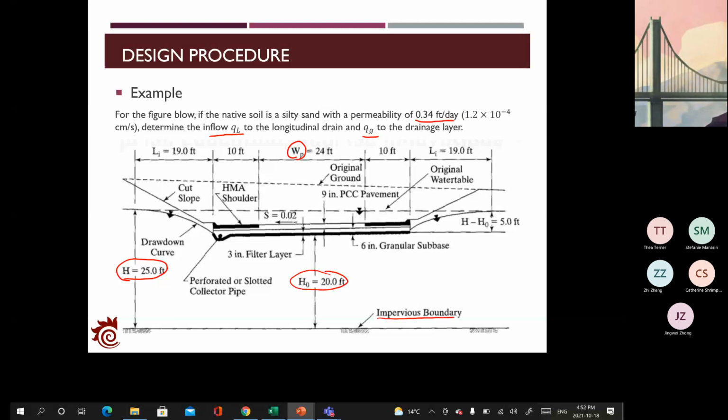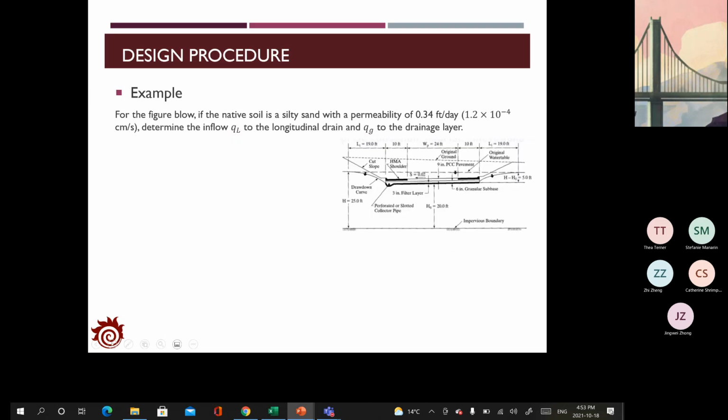And we can use this information to complete the estimation of the inflow QL and the groundwater inflow rate QG. Also, you know that this pavement structure is sloped to one side, and we have the slope equal to 0.02. With that, let's see how we can calculate these two values, QL and QG.